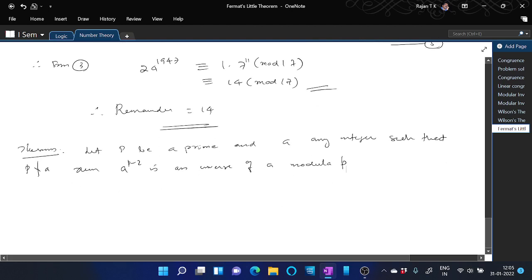If p is any prime number and a is any integer such that p does not divide a, then a raised to p minus 2 is an inverse of a modulo p.